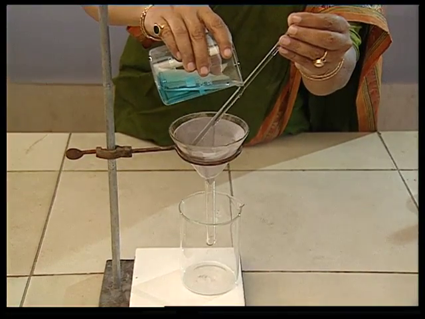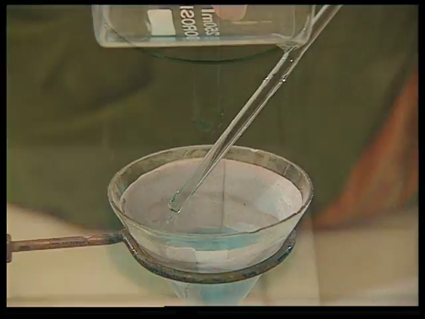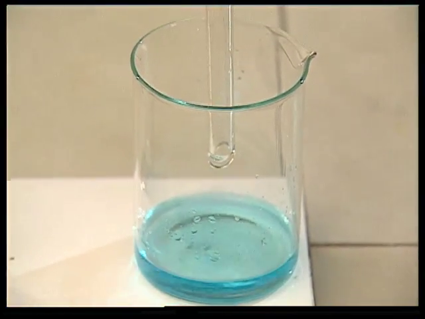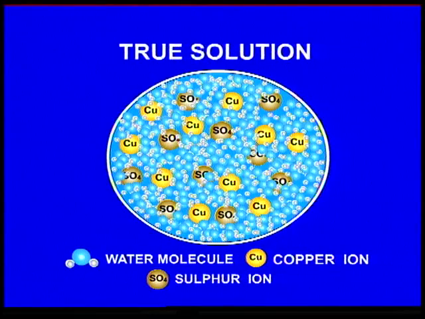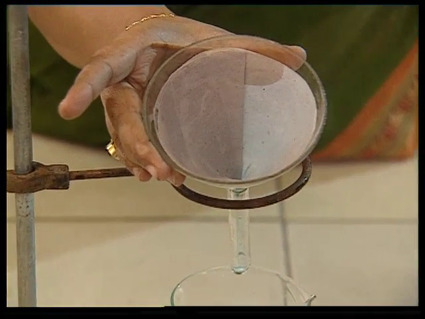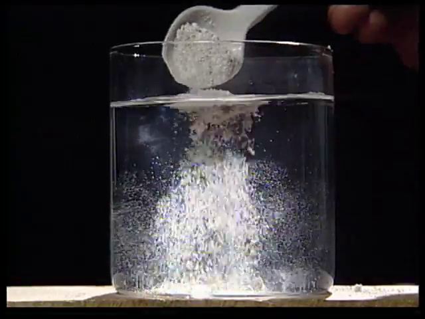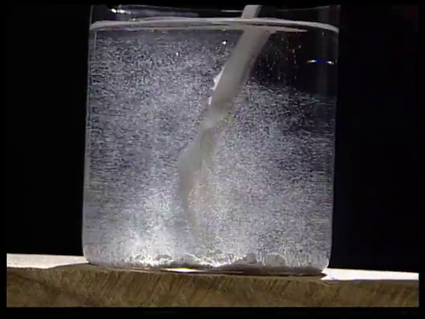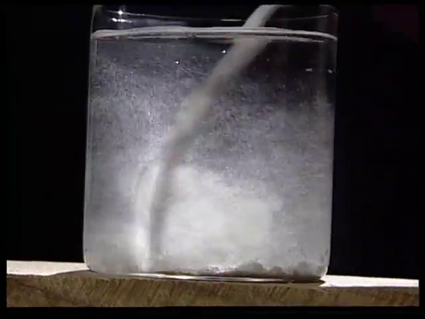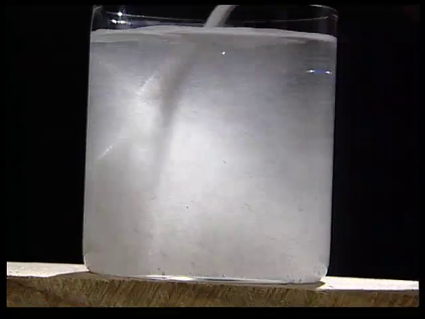In a true solution, the solute is completely dissociated into its atoms, molecules, or ions and homogeneously mixed with the solvent, and cannot be separated by a process like filtration. When we try dissolving chalk in water, we observe that the particles get distributed in water, leading to a cloudy mixture called a suspension.